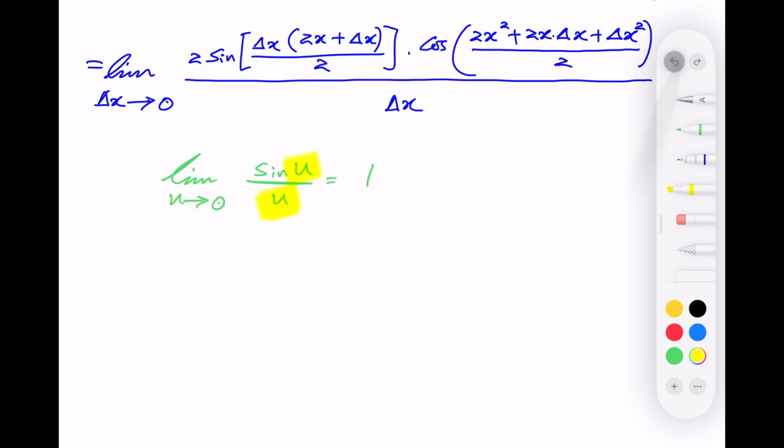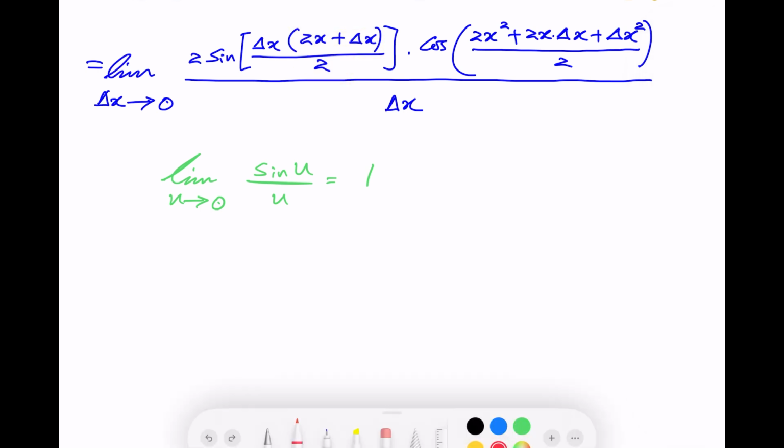So I need to do some modifications for this problem, especially for this part of that problem, before applying this theorem. This is the modification that I'm planning. I'm going to multiply the denominator by 2x plus delta x over 2, and I will multiply the numerator also by exact same thing, which means on the denominator I will have a 2x plus delta x divided by 2 term, and on the numerator also I will have a 2x plus delta x divided by 2 term.